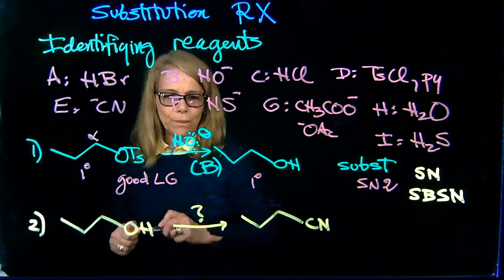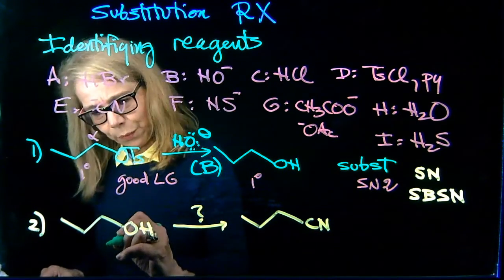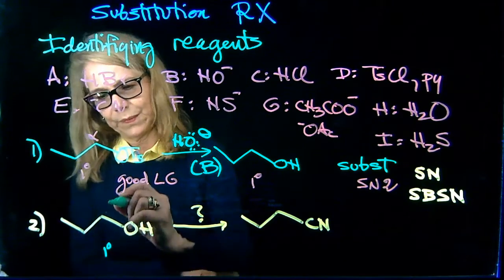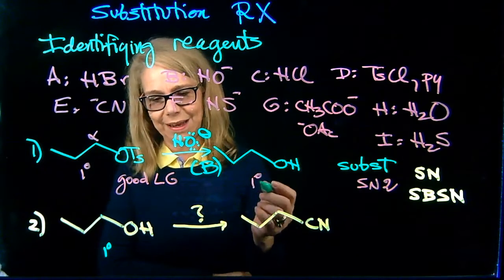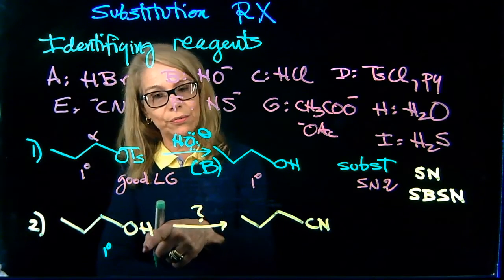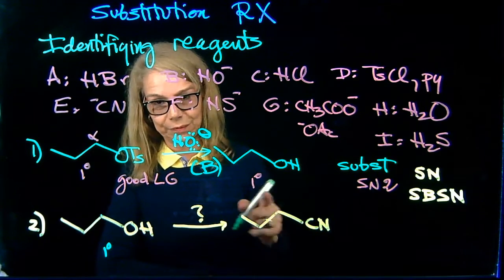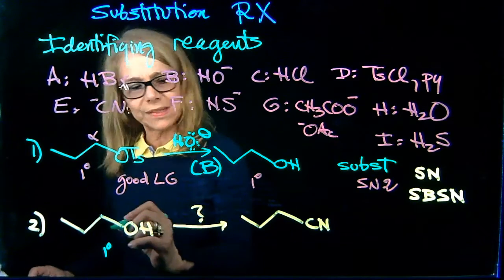First analyzing the structure, that is a primary alcohol, 1, 2, 3 carbons, that's propanol, and propanenitrile is this. And so we need to remove the OH and substitute it with the cyano group. What do we use for that? But first, it's primary.